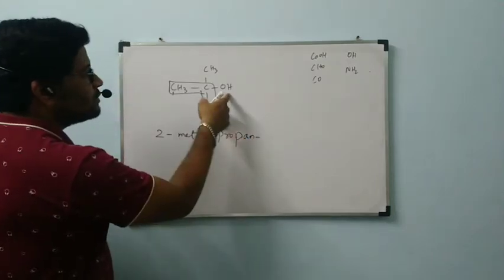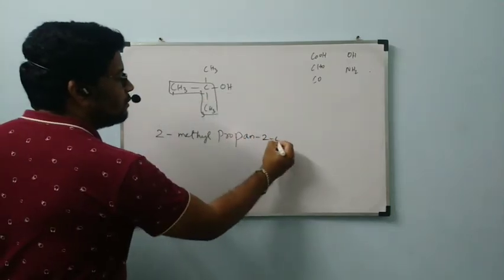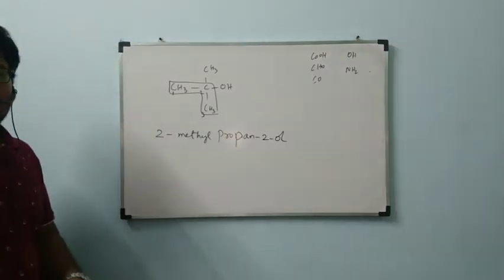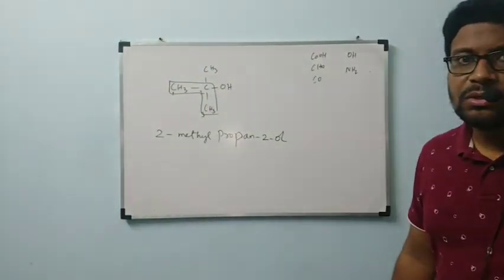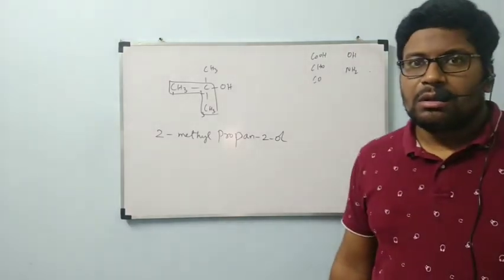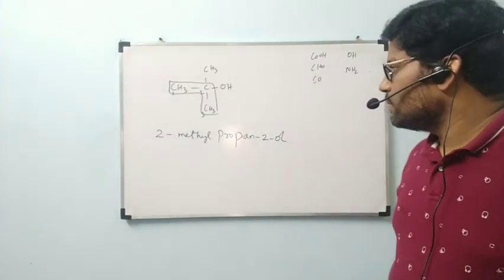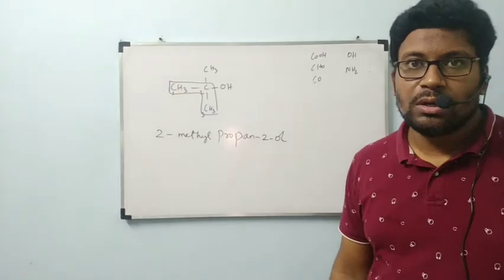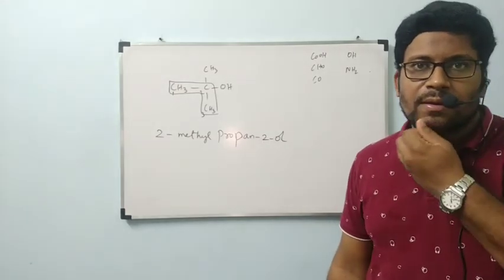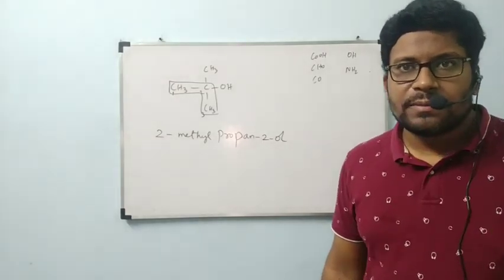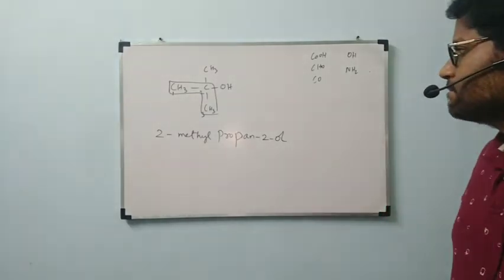On which position is the OH group? Second position, 2-ol. Then the name of this compound is 2-methylpropan-2-ol. The name of this compound is 2-methylpropan-2-ol. Okay. Next compound.